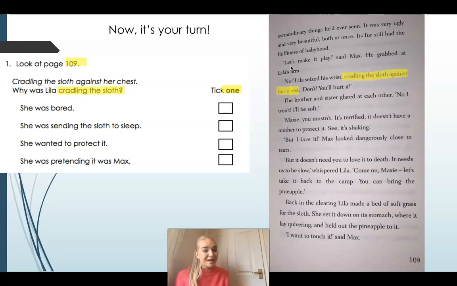Well, the fact that she said, don't, you'll hurt it, makes me feel like she wanted to protect the sloth. Or was she pretending it was Max? I don't think anything in the text tells me that. So it was between sending the sloth to sleep and wanting to protect the sloth. Now, because of the words, don't, you'll hurt it, that made me think she wanted to protect the sloth.